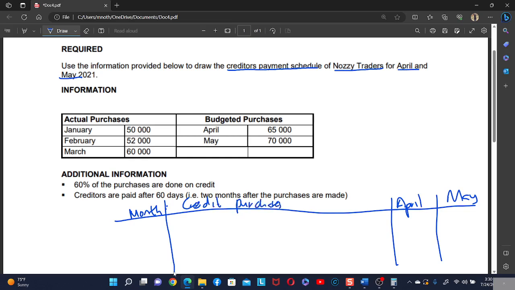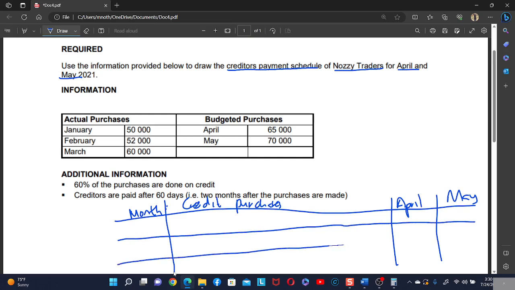Now, let's look at the information. These are the actual purchases and then these are the budgeted purchases. Now, additional information: 60% of the purchases are done on credit. So this means that 60% of these purchases is done on credit.